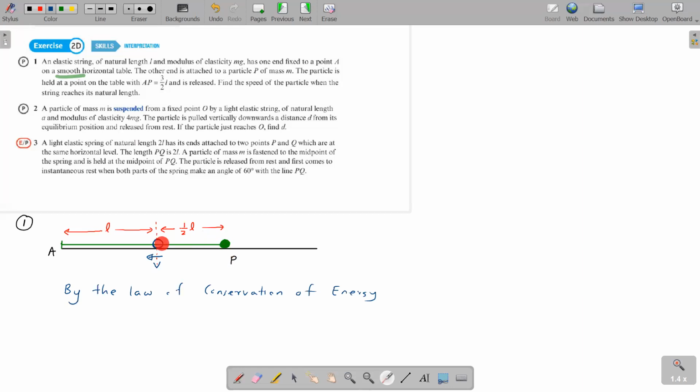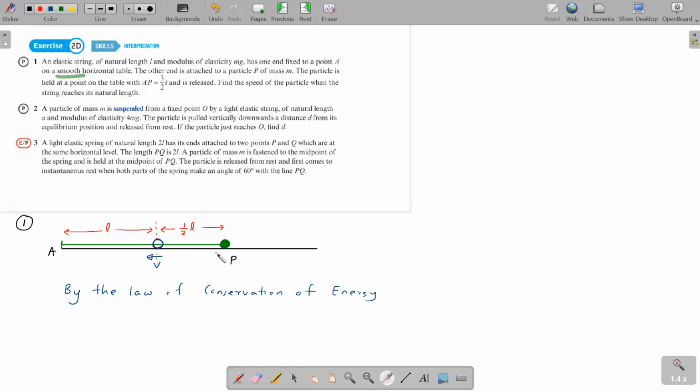When it comes to the natural length, what energy do you have over here? They say it has a velocity here, so you have kinetic energy. Do you have elastic potential energy at this point? No, why? The extension is 0. You are back at the natural length, so there will be no elastic potential energy.